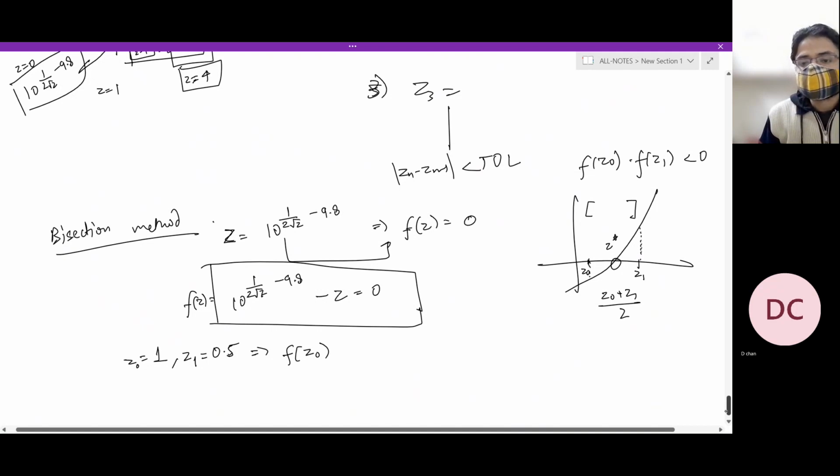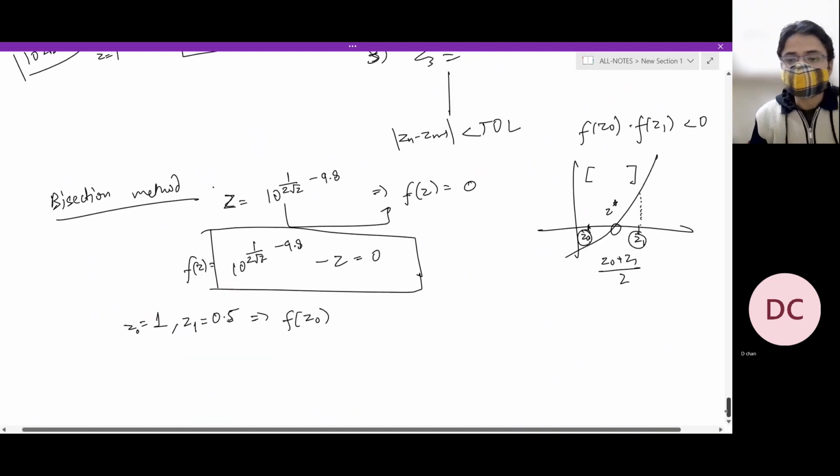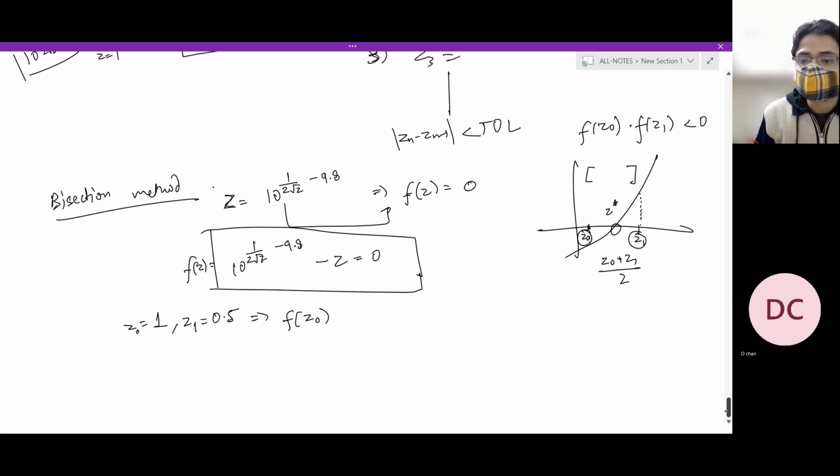So we need to bracket it within two values after every iteration. That is why we need to check if the function lies above the x-axis or below the x-axis.